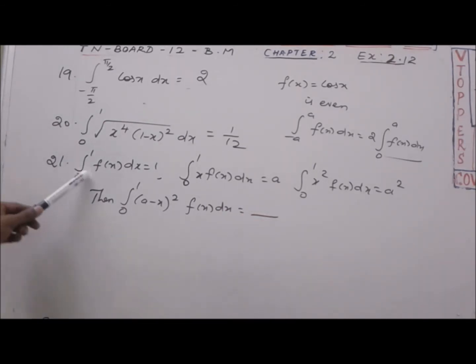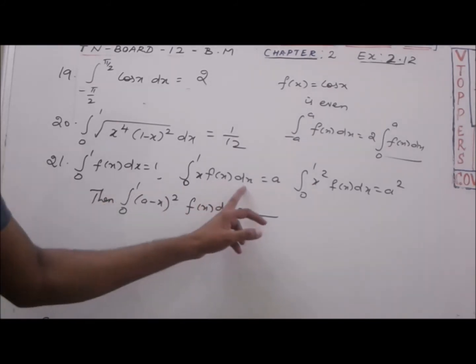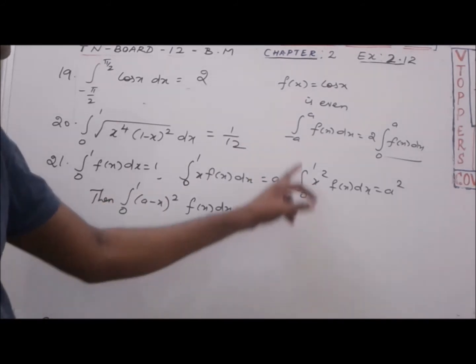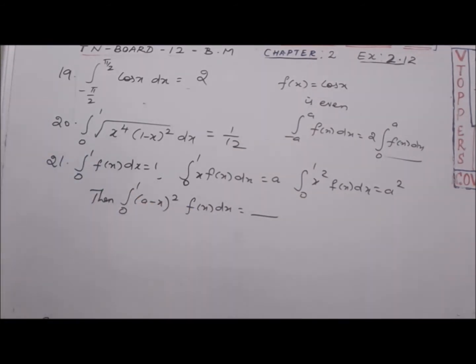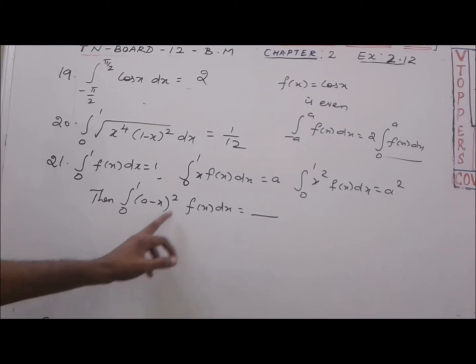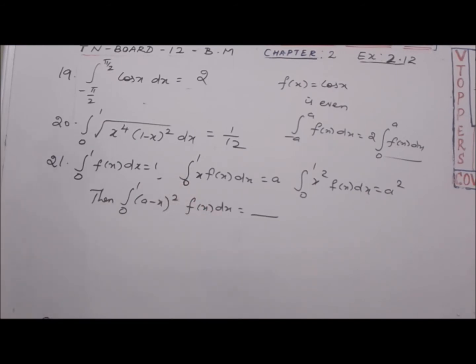Given 0 to 1 f of x dx has value 1, x f of x dx has value a, and 0 to 1 x square f of x dx has value a square. Then find the value of 0 to 1 a minus x whole square f of x dx.